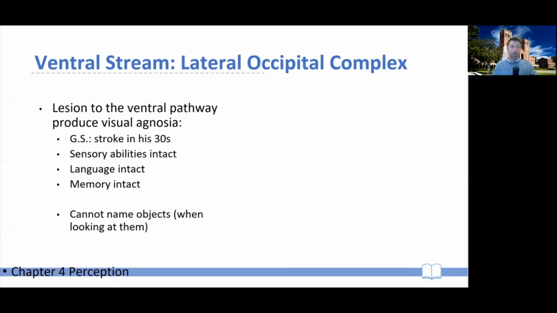One very famous example of this is patient GS. Patient GS had a stroke in his 30s and presented with perfectly intact sensory abilities. So he didn't seem to have any specific impairment with respect to just sensing things, particularly in the context of vision.